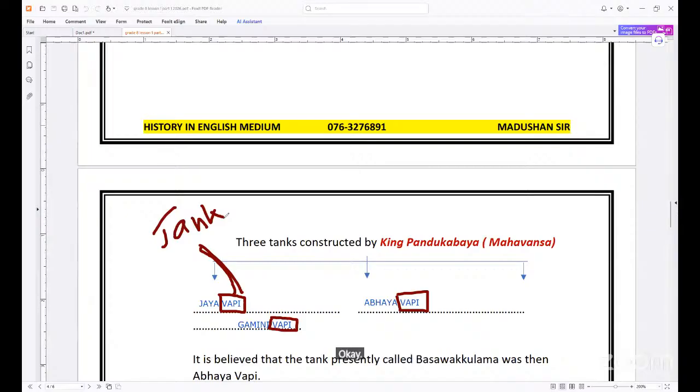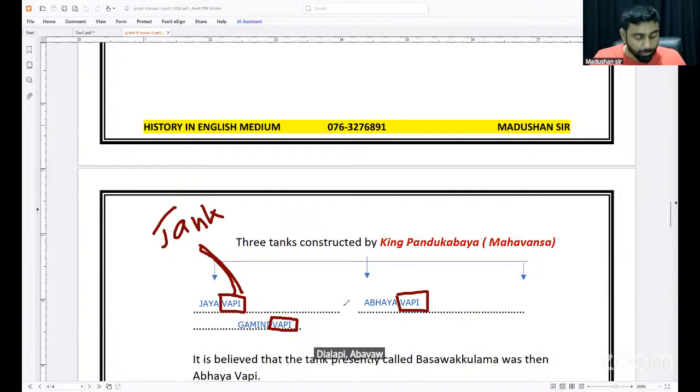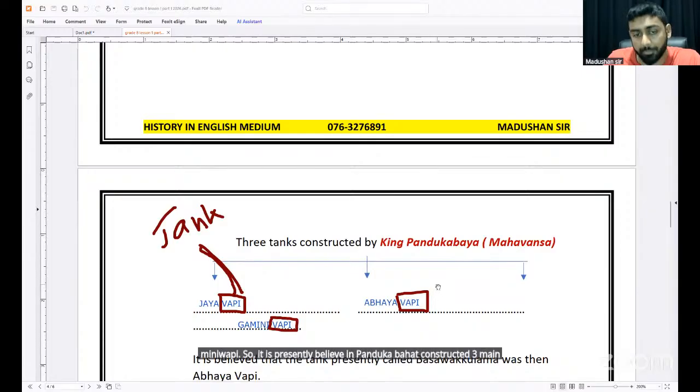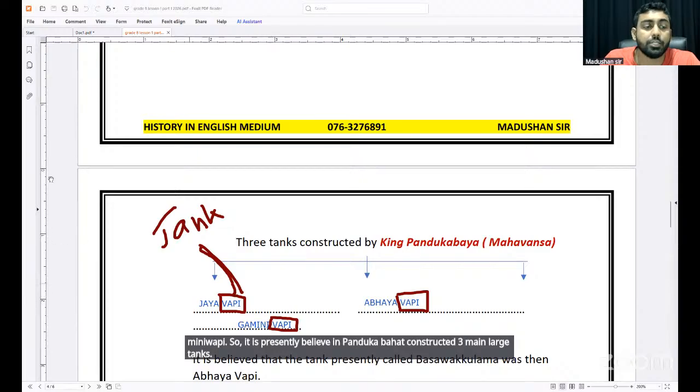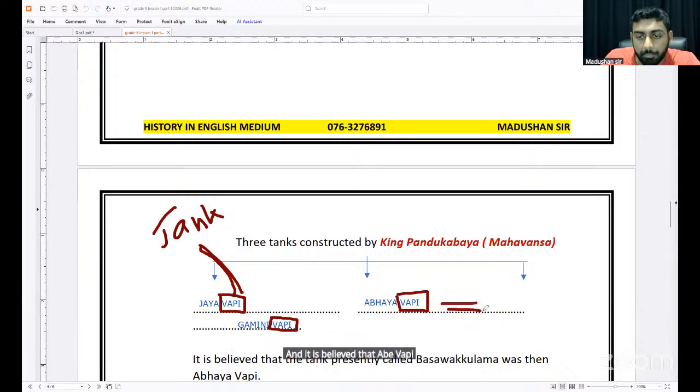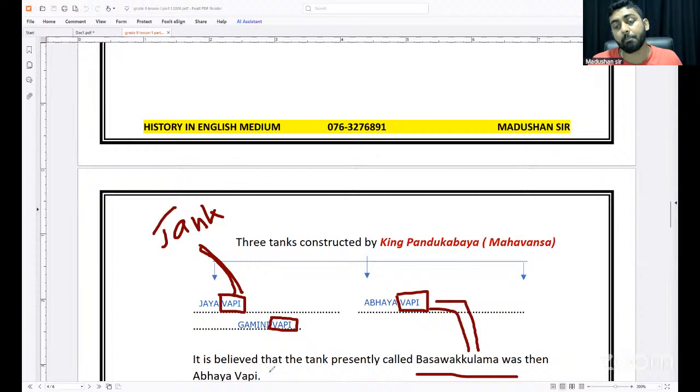Yes. So it is presently believed King Pandukabhaya had constructed 3 main large tanks: Jayavapi, Abhayavapi, Gamini Vapi. And it is believed that Abhayavapi is presently called Basavakkulama tank. The tank presently called Basavakkulama was then Abhayavapi.